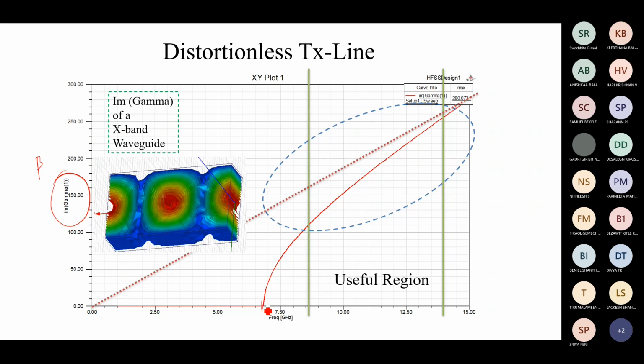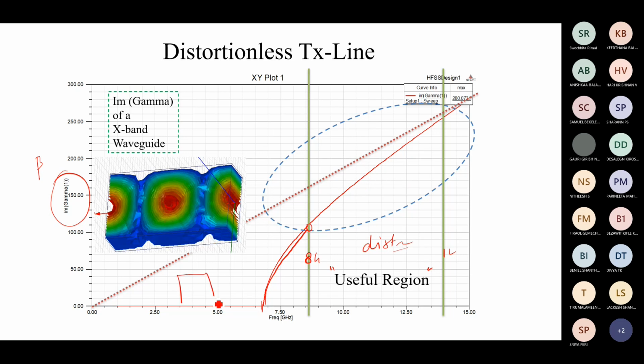From here onwards the propagation starts, but it is not linear up to this point. It starts to become linear after a certain frequency range, which here is approximately 8 gigahertz to 12 gigahertz, which we call the linear region. This linear region is often referred to as the useful region, where distortion-free transmission could be possible. So here you can see the linearity.